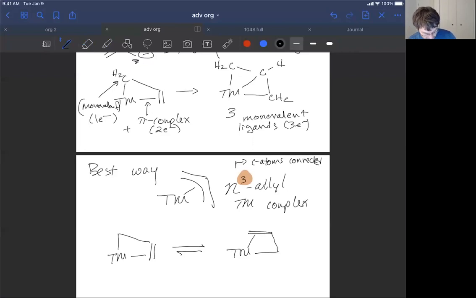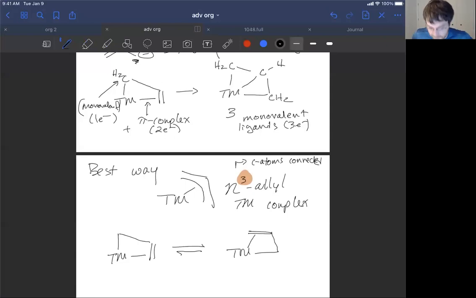But there are 3 atoms in allyl, and we can connect to one end of the allyl directly by a monovalent ligand, and then we have the double bond, which we connect to by way of a pi complex, which is a lot like just connecting to both of the atoms at once, and that is the eta 3 pi allyl complex, where we are simultaneously connected to all 3 atoms at once.